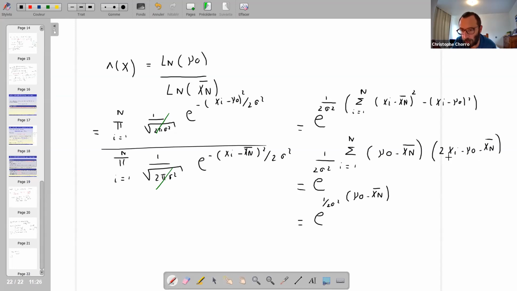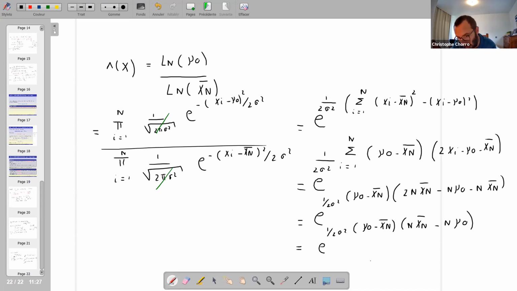And what I have here, I can develop, because this doesn't depend on i. So I obtain 2 times the sum of the xi, that I can write as 2 n xn overline minus n mu 0 minus n xn overline. Finally, I can write it as exponential of 1 over 2 sigma square times mu 0 minus xn overline, and here I have 2n xn overline that simplifies with this one, so I obtain n xn overline minus n mu 0.